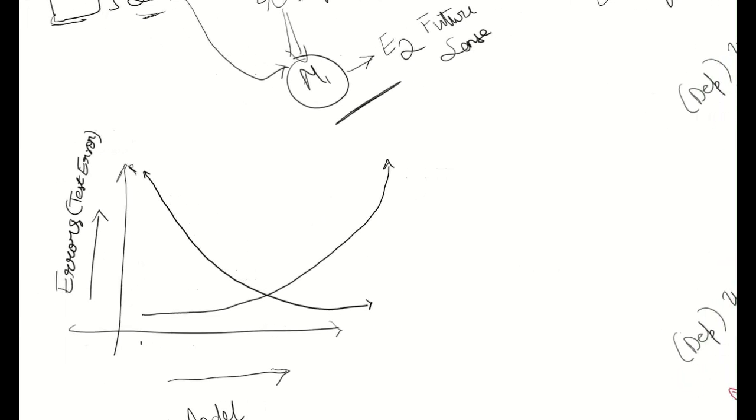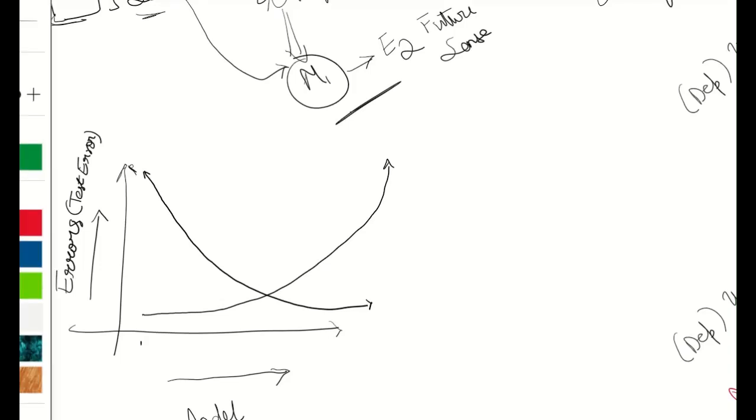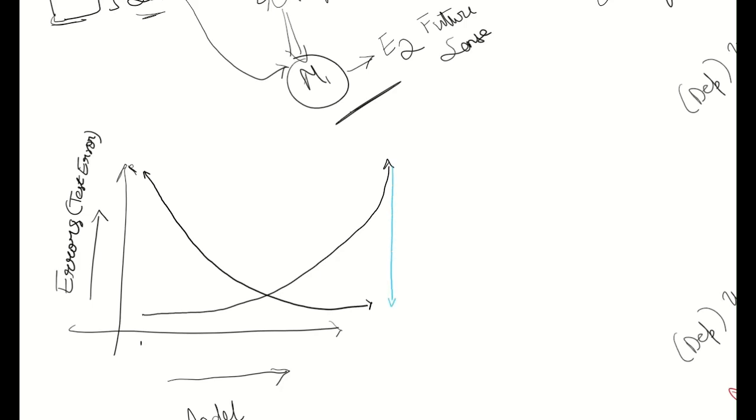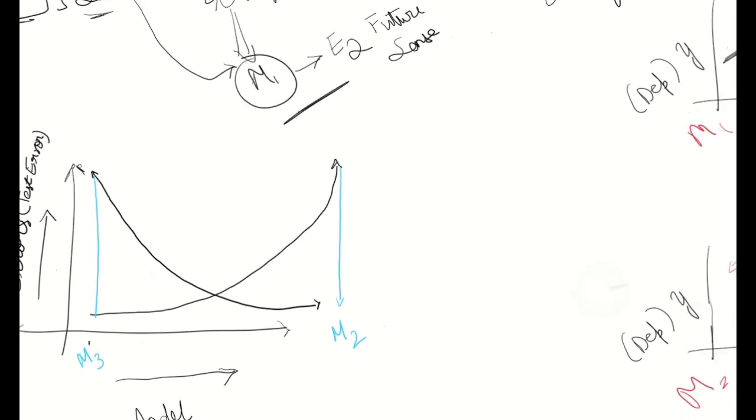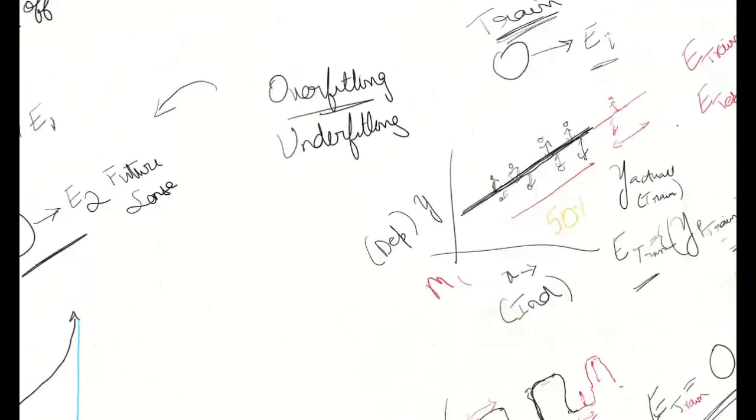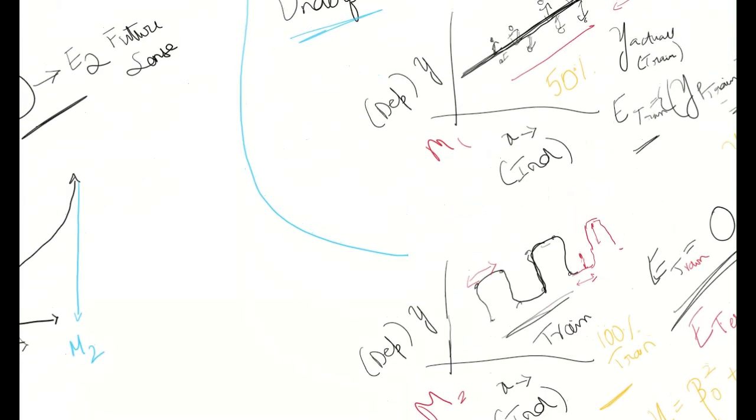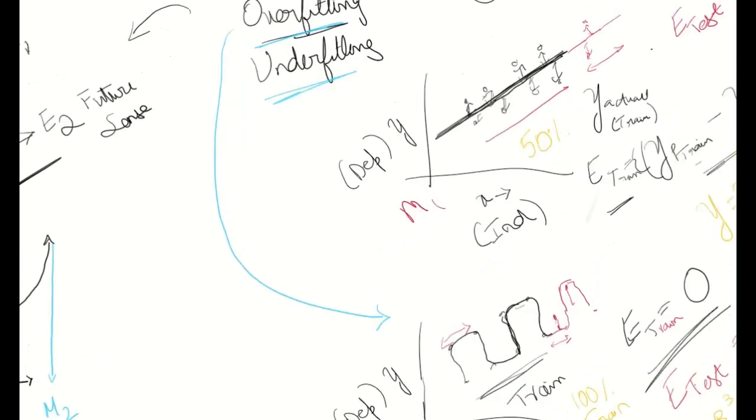So here, this point on the right hand side will be our M2, and the model on the left hand side will be M3. Now, as you can see from the concepts of overfitting and underfitting, the polynomial model here is the model that is called overfitting.